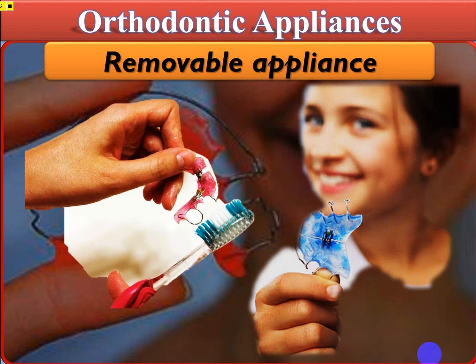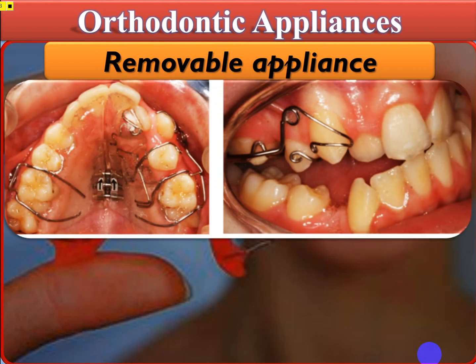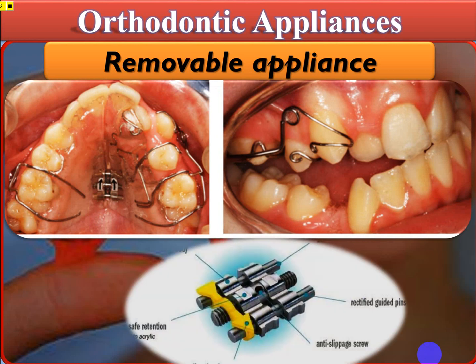This type of appliance can apply force to the teeth by stainless steel wires or springs, or sometimes by using a screw or any other mechanical component like a screw or elastic.